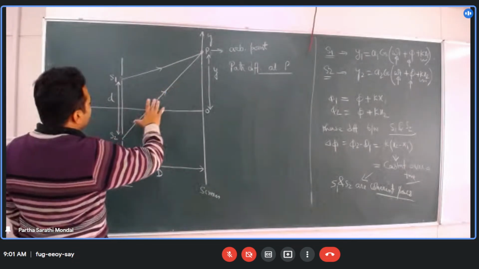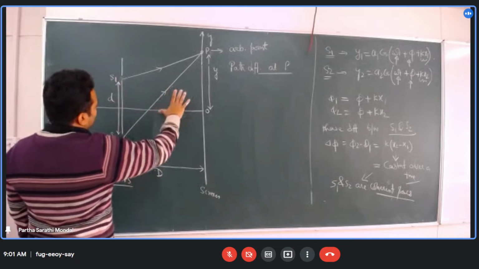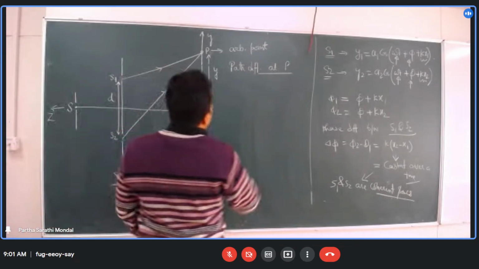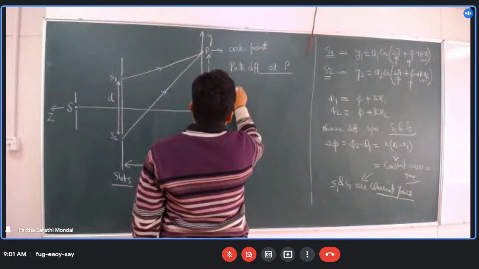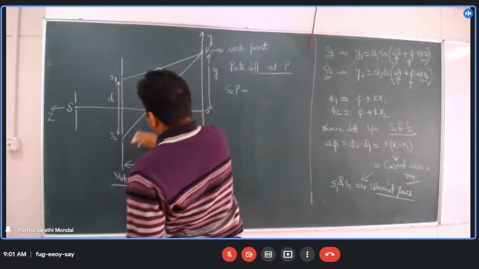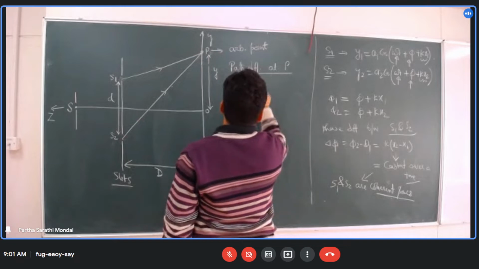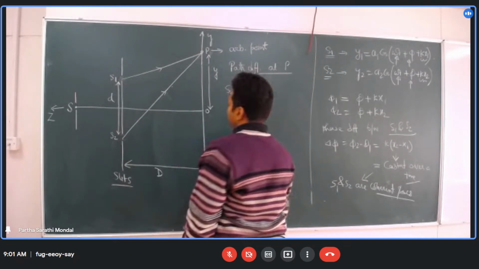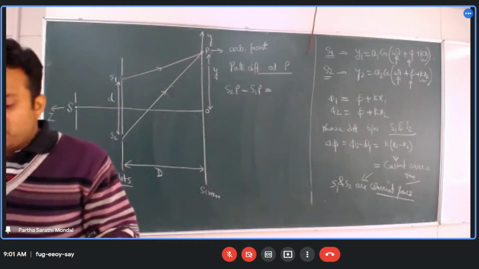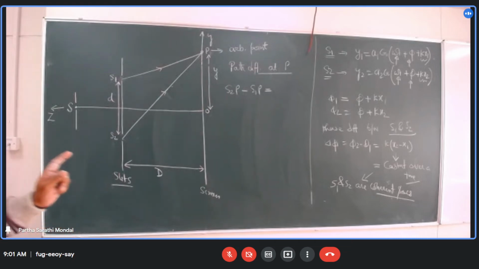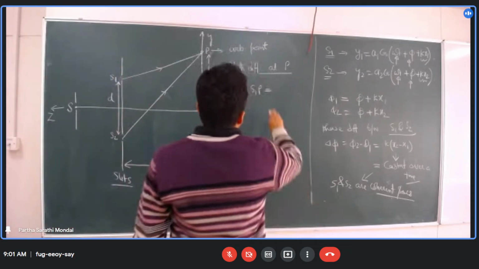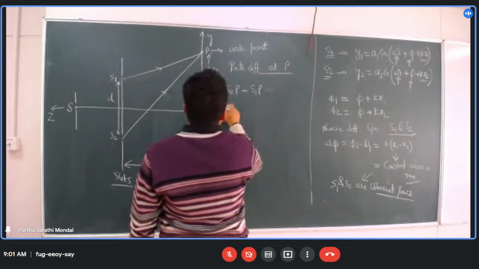Path difference means x2 minus x1, so the path difference at P will be S2P minus S1P. This is the path difference. Now, what will the phase difference be?